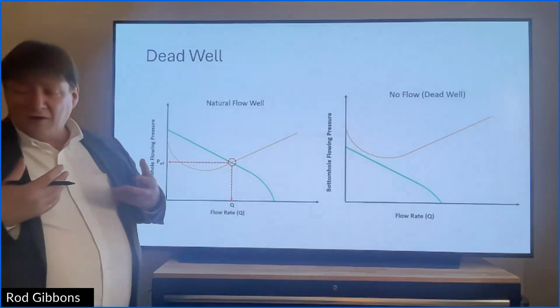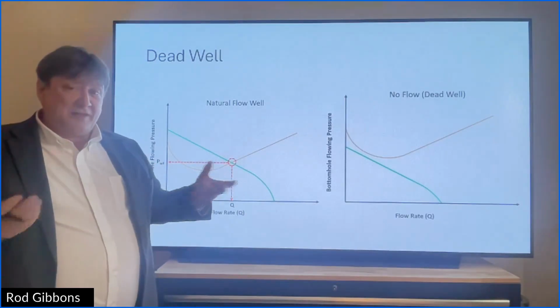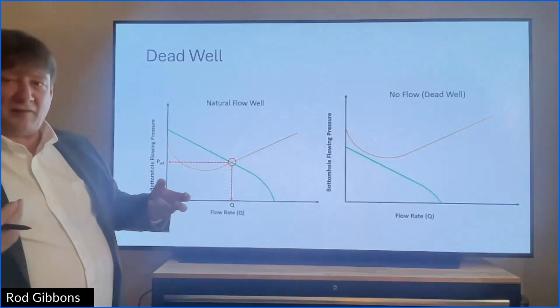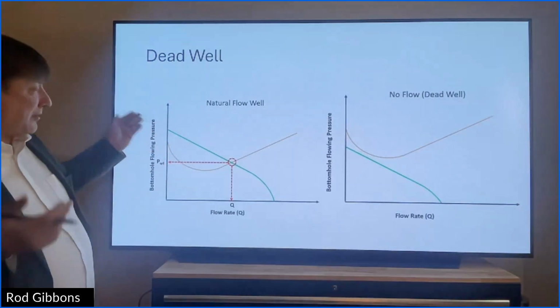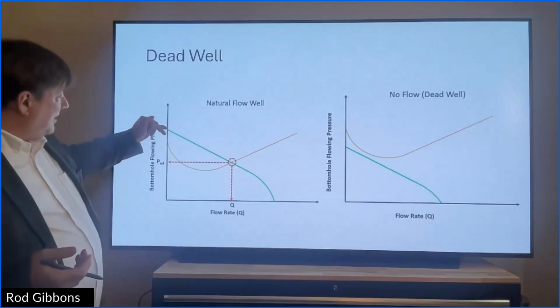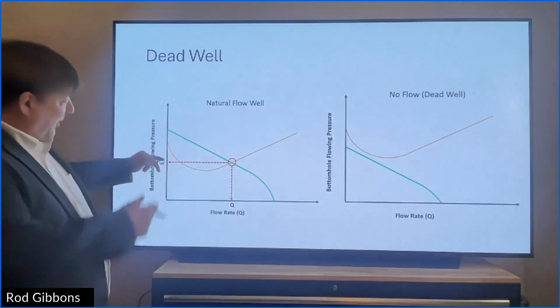So a lot of wells, when they initially flow, will flow naturally, natural flow early in a reservoir's life. But in this example, one way it could happen is the reservoir pressure drops far enough that you get a dead well.